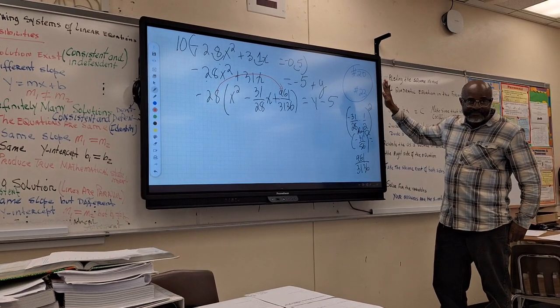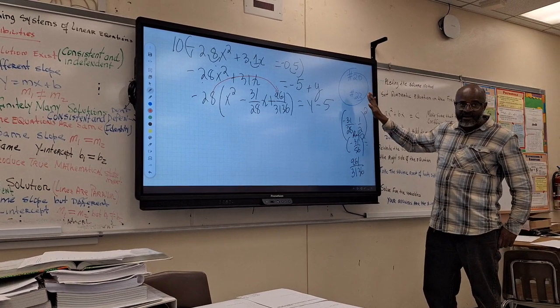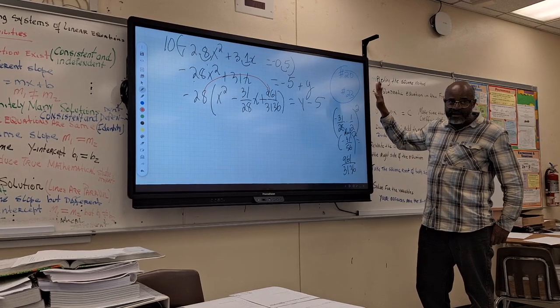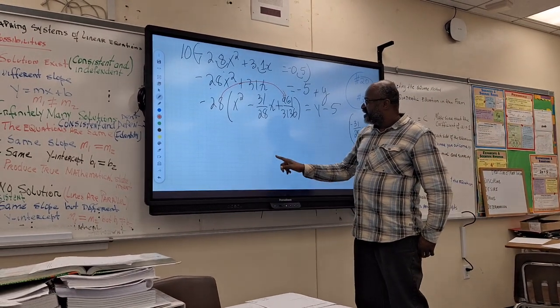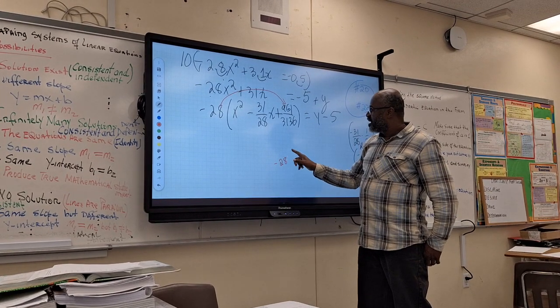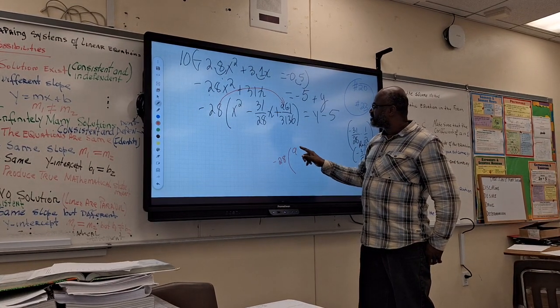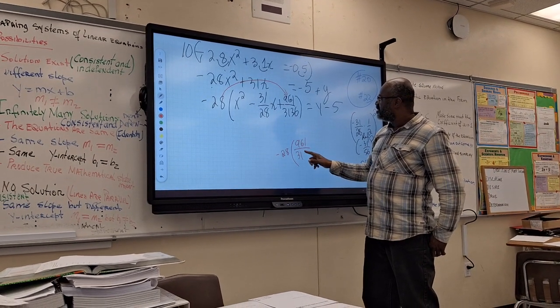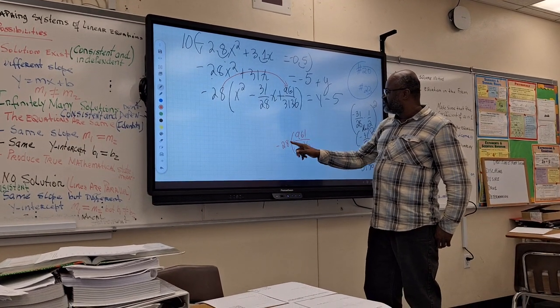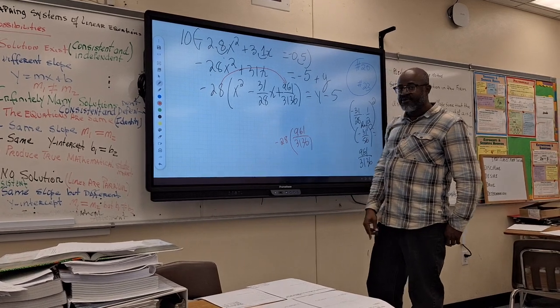So far so good? Mental and calculator work. So I will take negative 28 and multiply it by 961 over 3136. Hopefully the 28 goes into that. Simplify.